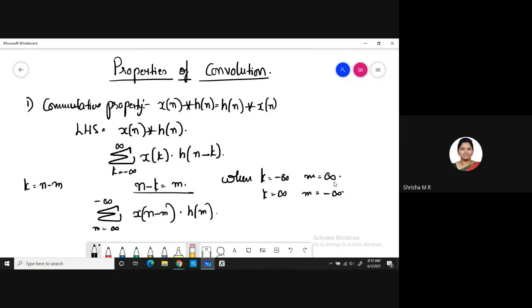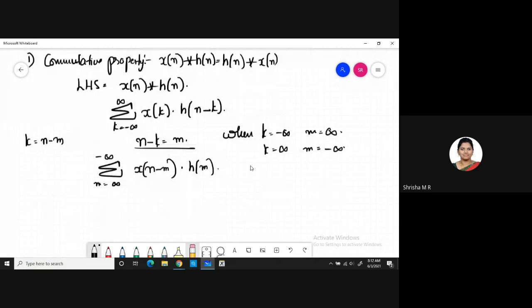We know that in summation we can change the limits without changing the sign, right? So I'll change the limits from minus infinity to infinity. The summation would be m is equal to minus infinity to infinity h of m into x of n minus m. As you can see here, we have x of k into h of n minus k, which is x of n convolved with h of n.